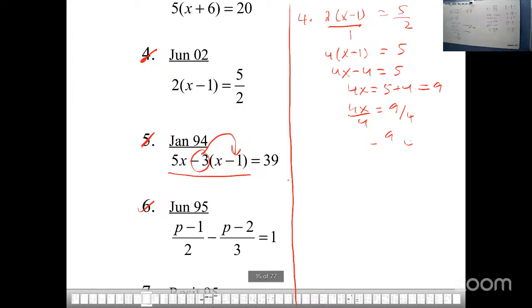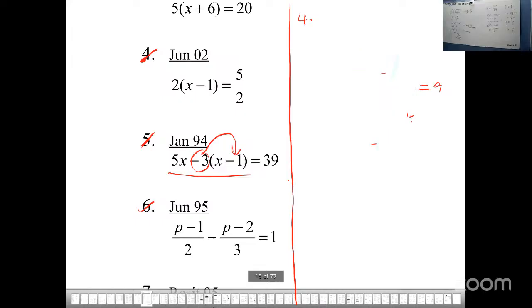So I will do what you all said, but our next option is to multiply every single term by the product of the denominators. So you can multiply everything by 6. That's the same thing that you all did. So you have p minus 1 on 2, p minus 2 on 3, and 1.